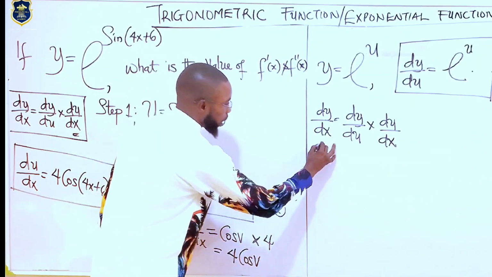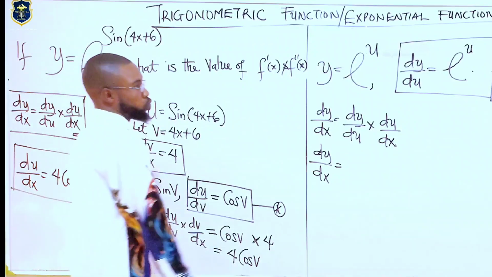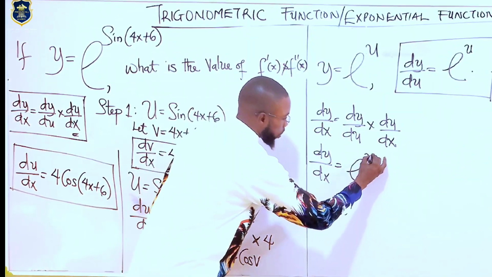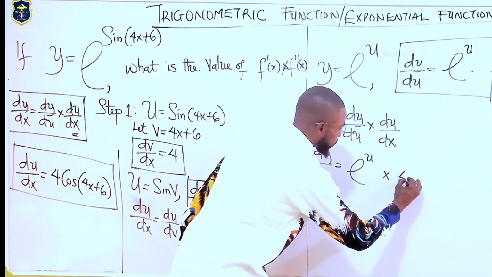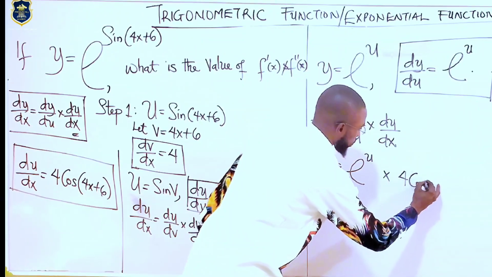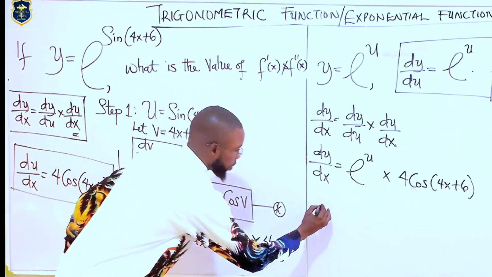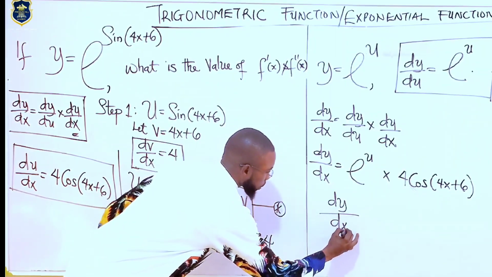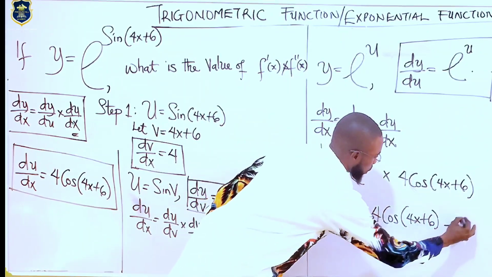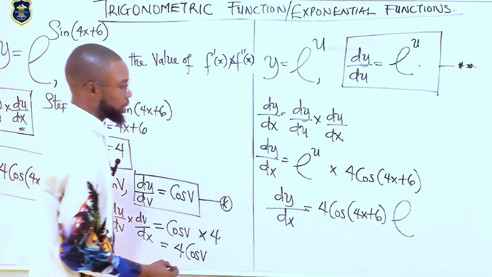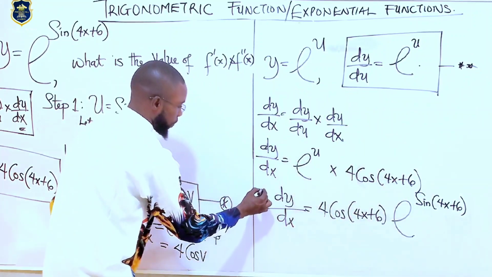That is e raised to the power of u times 4 cos of 4x plus 6. Let's rearrange. dy over dx gives us 4 cos of 4x plus 6 times e raised to the power of u, and u there is sine of 4x plus 6.